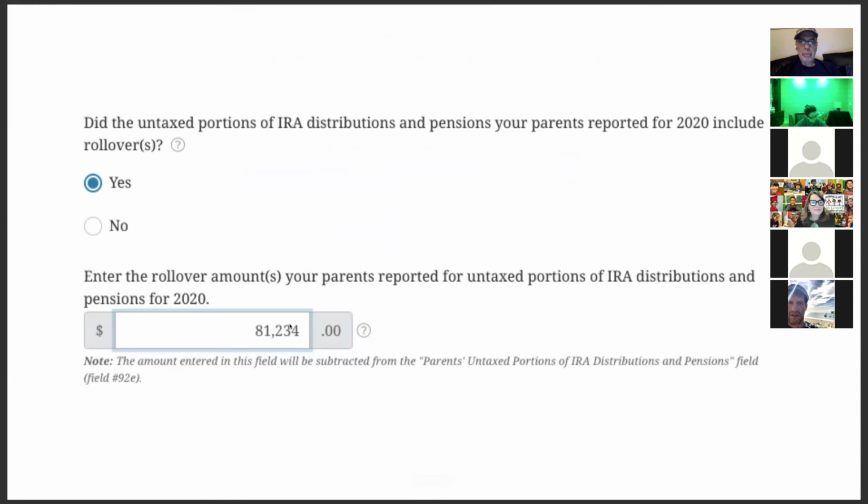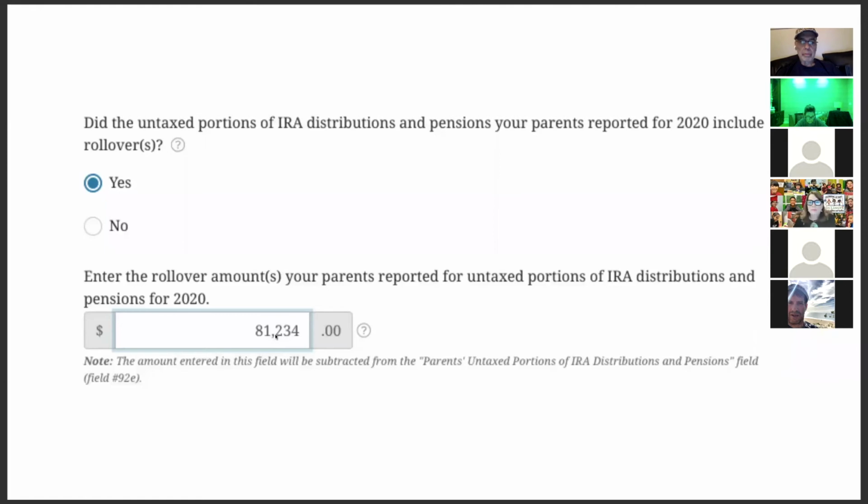Now, the FAFSA system is not sophisticated enough to know that it, in fact, is not a distribution from your retirement as untaxed income. That, in fact, they think of it as untaxed income. If it was a rollover and it shows that on your taxes, then you're going to go ahead and indicate, yes, that was a rollover. And you're going to enter in the exact amount of what that rollover was.